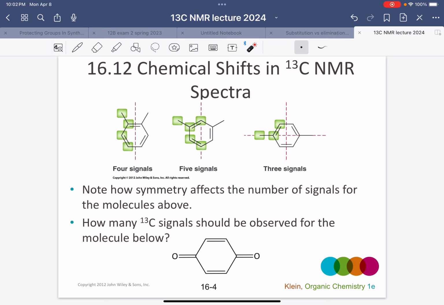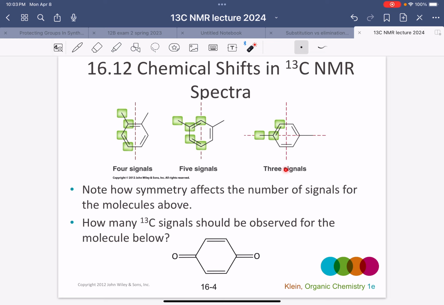So we should get 5 signals. For paraxylene, we would only see 3 signals because we have 2 planes of symmetry. We have one here and one here. So our methyl groups are the same. The carbon that the methyl group is attached to is the same. And then this carbon here is the same as that one, and that one, because we have the 2 planes of symmetry.